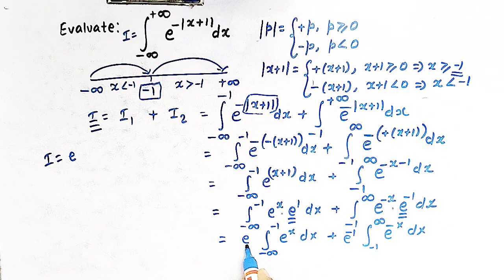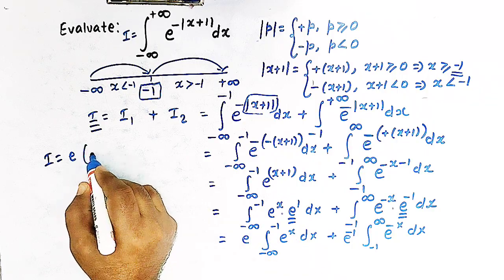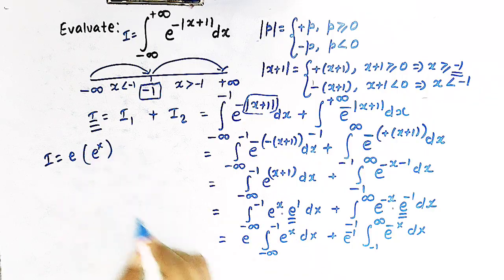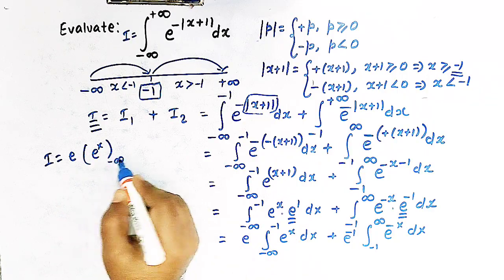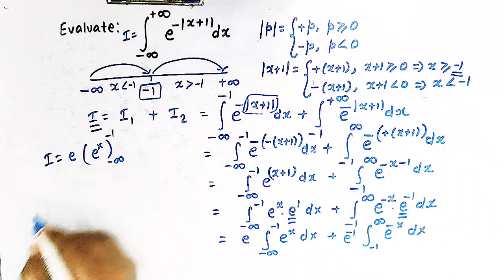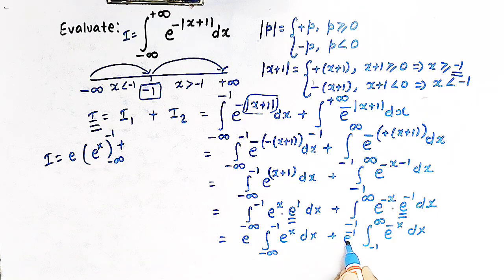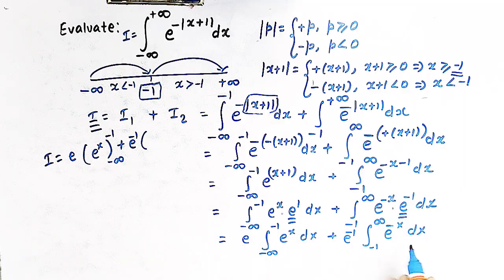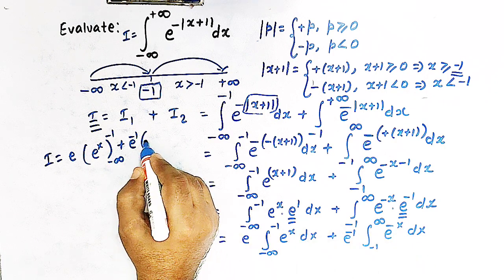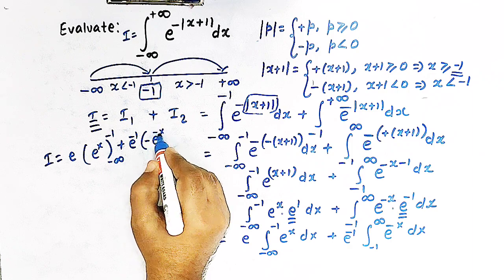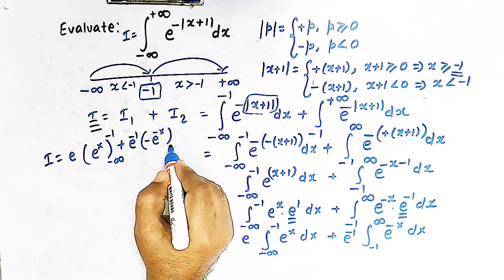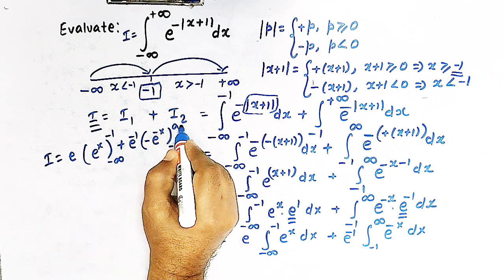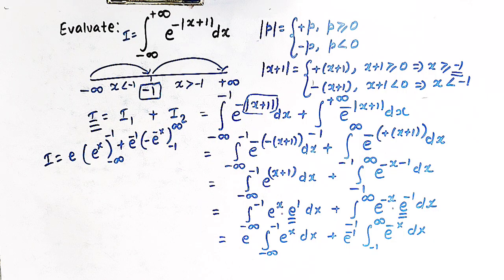So now we have I is equal to e times the integral of e raised to x, which is simply e raised to x, with limits from minus infinity to minus 1, and here we have e raised to minus 1 times the integral of e raised to minus x, which is negative of e raised to minus x, with limits from minus 1 to infinity.